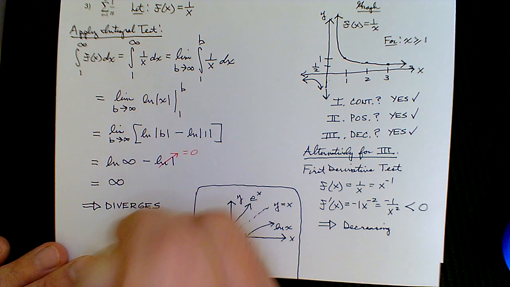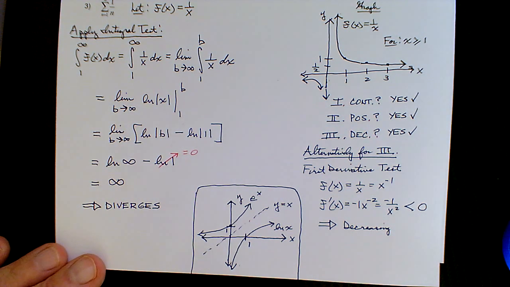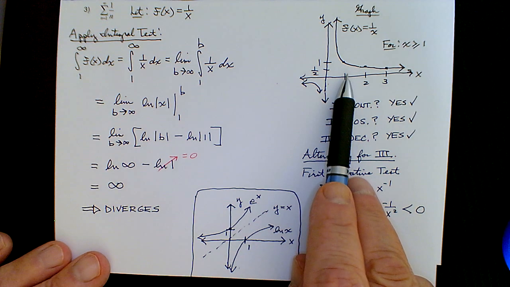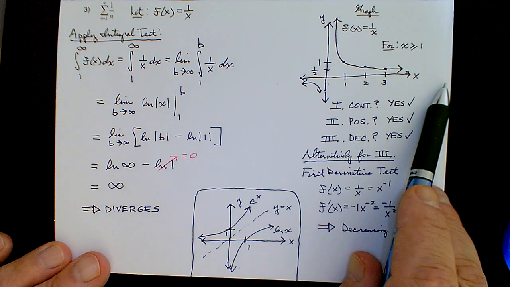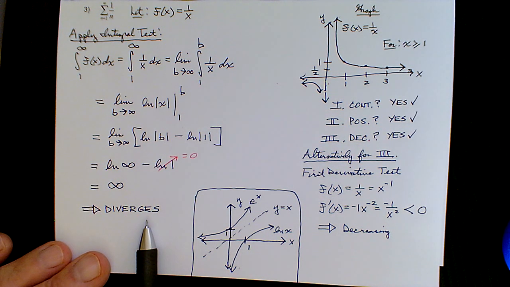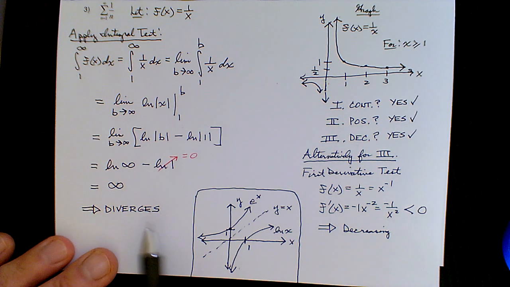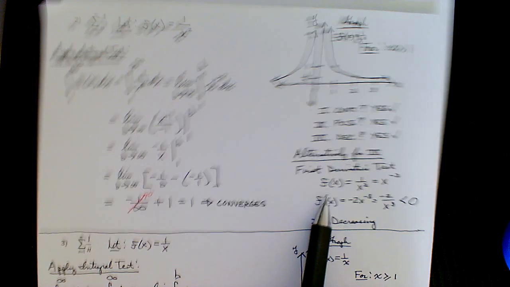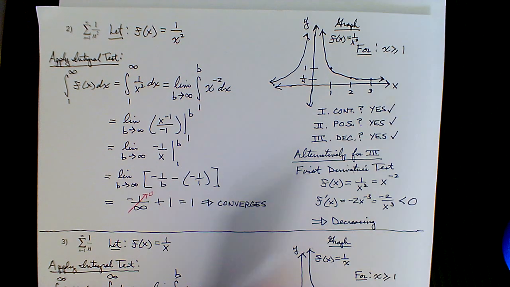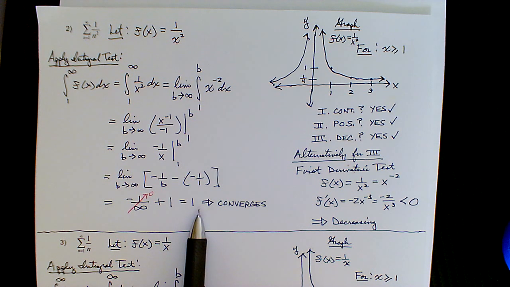The counterintuitive thing is that if we're thinking about this as area, the area under the graph of 1 over x from 1 to infinity increases without bound, just tends toward infinity, but the area of 1 over x squared from 1 to infinity never accumulates to be more than 1 square unit.